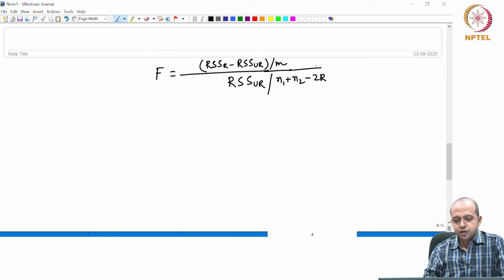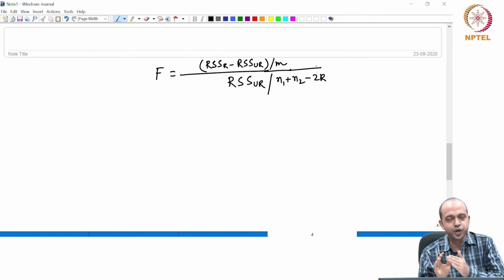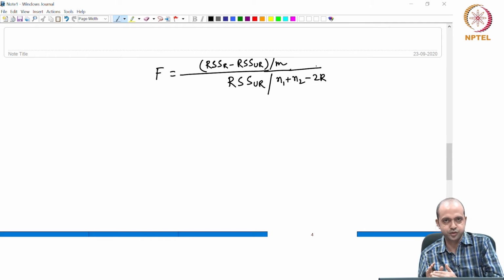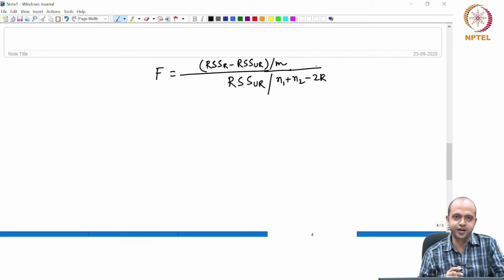Okay. So this is how, after estimating the restricted version and the unrestricted version, that means you have to estimate 3 different models. One for pre-financial crisis, one for post-financial crisis, and one for the entire time period.